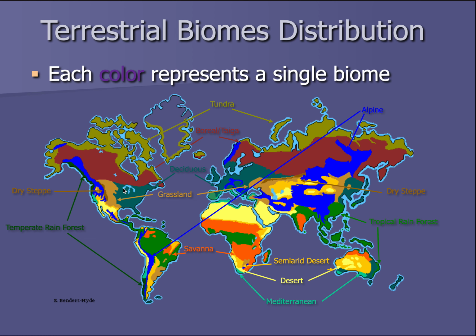As we look further to the center of continents, we're going to lose moisture. That moisture then is going to limit what species can exist. So with the loss of moisture in these mid states, we're going to have grasslands. So think of Kansas, Iowa, Nebraska, the Dakotas, Montana.